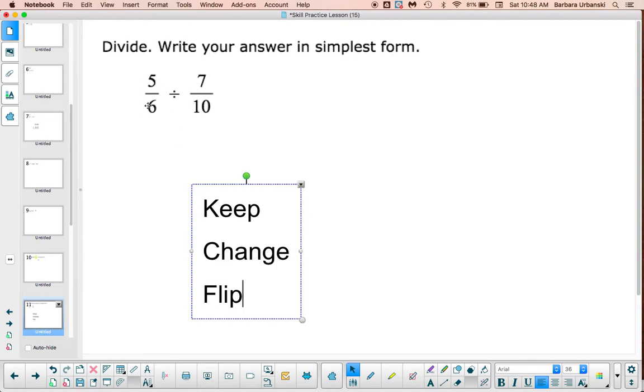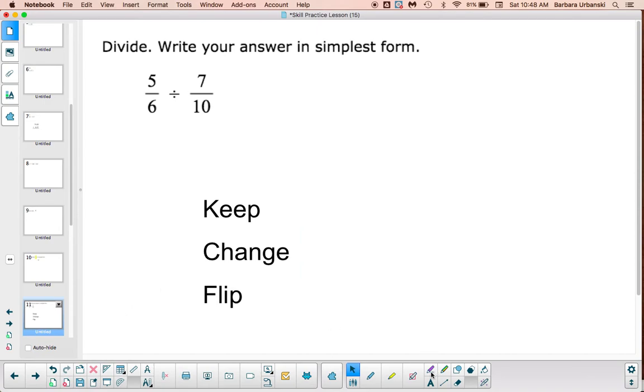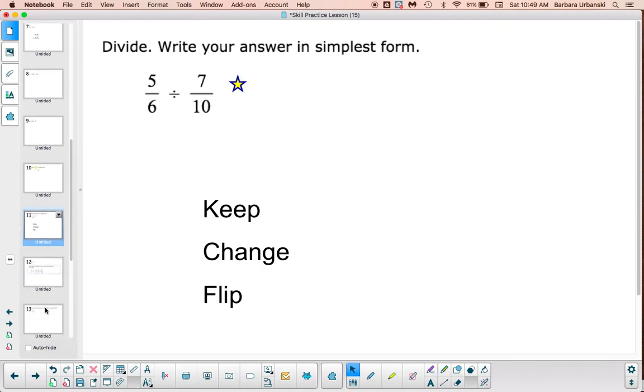Keep your first fraction, change division to multiplication, and flip the second fraction. That means you are going to multiply by the reciprocal. That's what the flip means. If you know how to do this, that's great. Give it a try. If you don't, put a little star, and I will help you later.